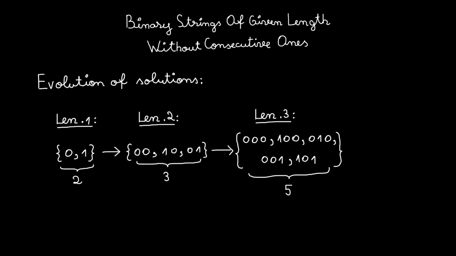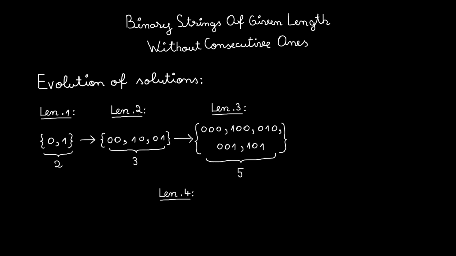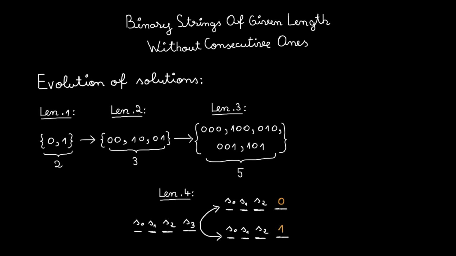Let's do one more step in evolution and take a look at the strings of length 4. They consist of 4 characters, which we will note by S0, S1, S2, and S3. And of course, they are made of a string of length 3 and one extra character at the end, which could be either 0 or 1.